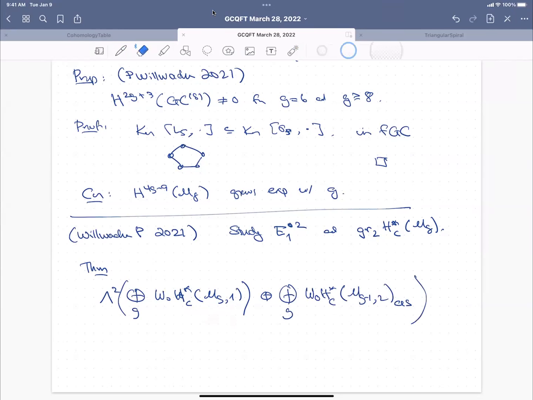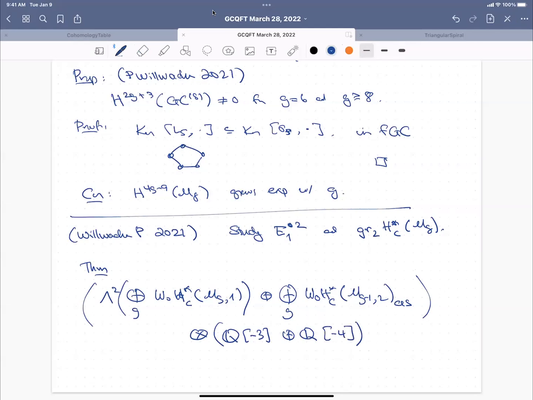Oh, excuse me, that is outside the wedge 2. And then we take two copies of it, so we tensor with Q shifted by 3 plus Q shifted by 4. And then we give a map that we show is an isomorphism to GR_2.